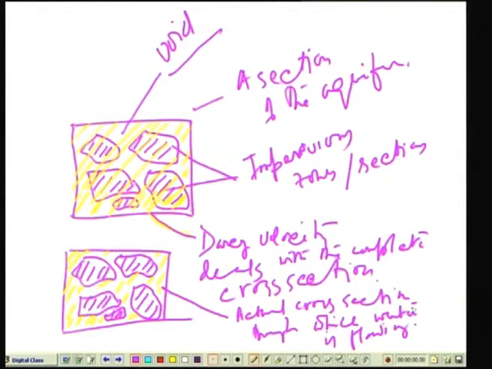So Darcy velocity deals with the complete cross section, but the actual cross section through which the water is flowing is basically the voids. We are not including the impervious layers. As a result, this is known as the Darcy velocity.